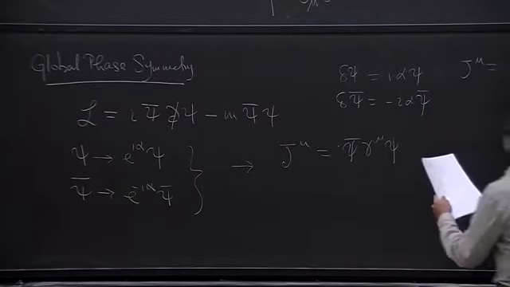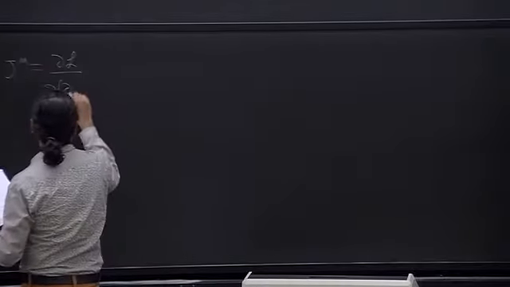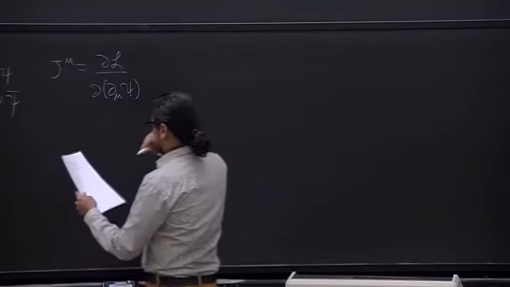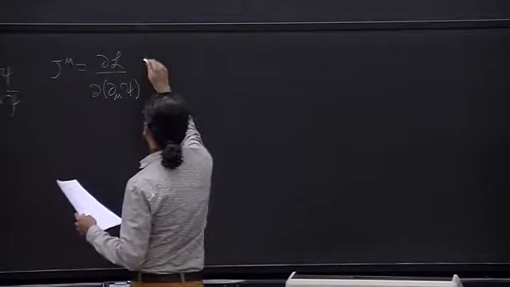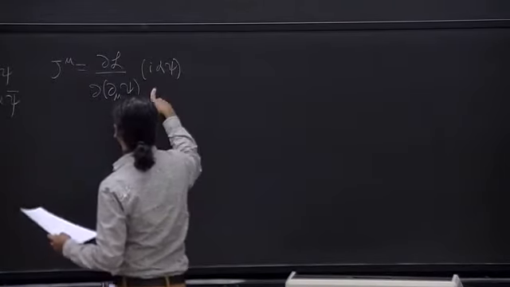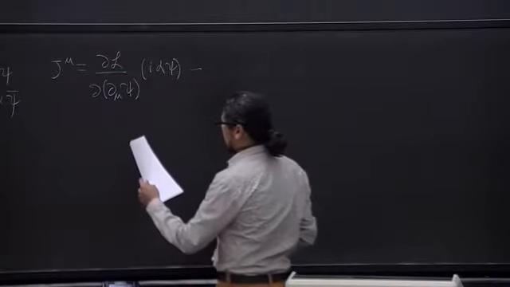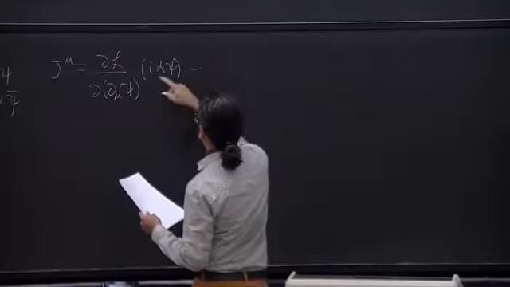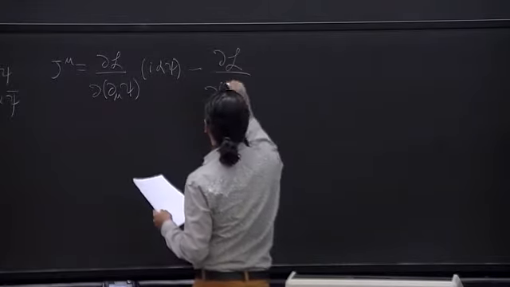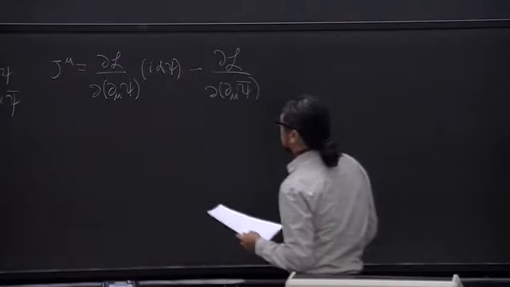So our formula says that we have to take the derivative. You can think of it as taking the derivative with respect to the component. So this is the first term, and then we have another term, and there's a minus sign coming from the minus i here. It's a psi bar.